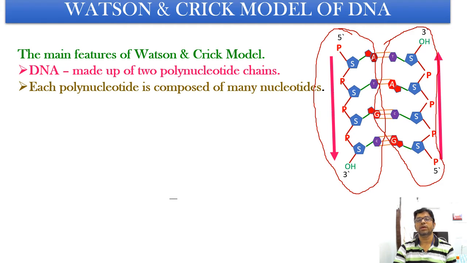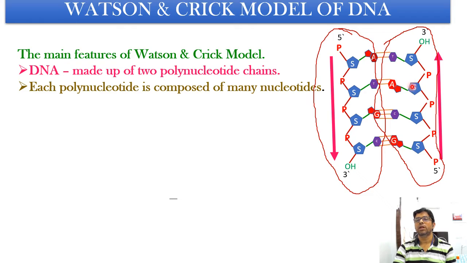Here you can see different types of nucleotides present in each polynucleotide chain. This is one nucleotide. This is another nucleotide. This is one more nucleotide, and this one more nucleotide, and so on. In this way, many nucleotides are present in each chain.